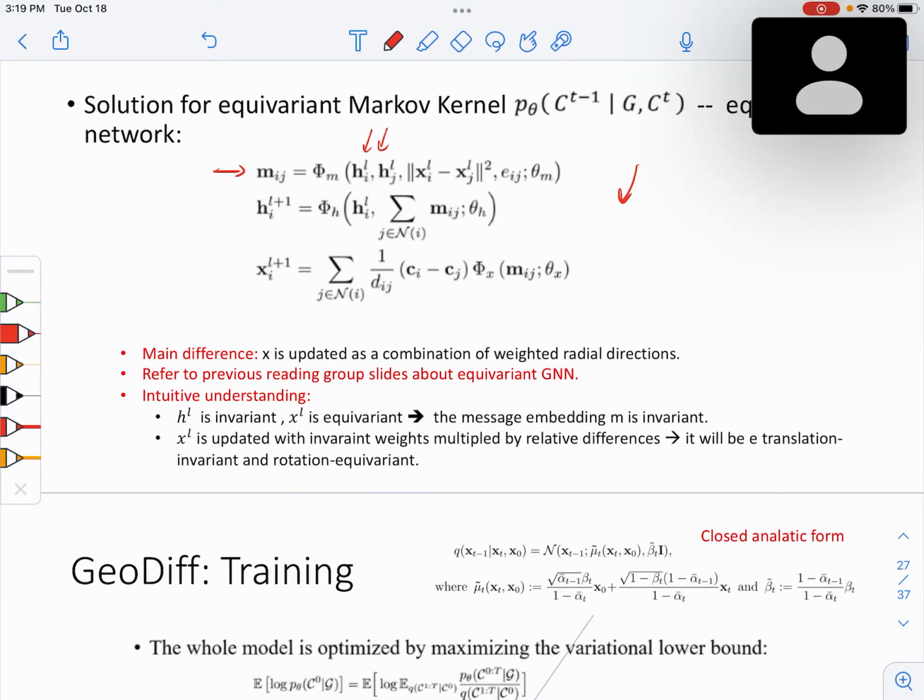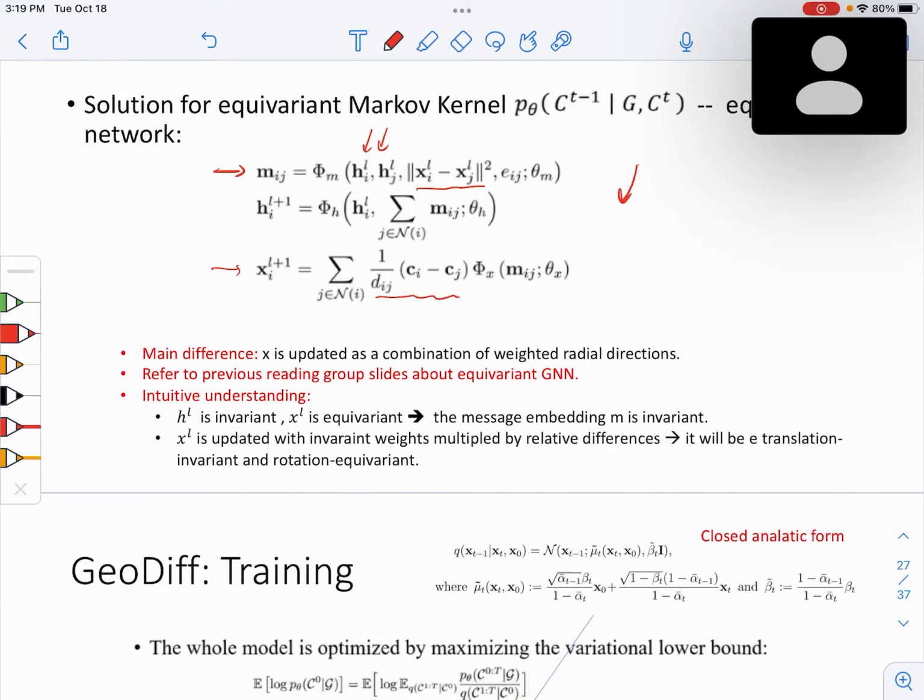And the distance between two particles is still translation and rotation invariant. So that means the first formula, the message part, Mij, is itself invariant.